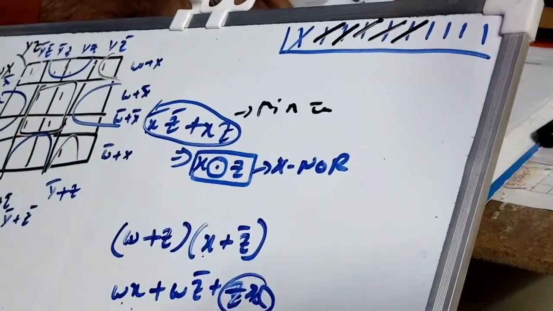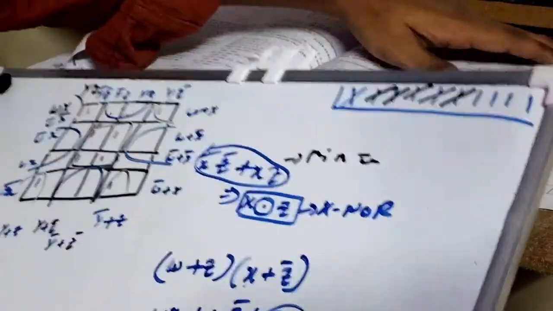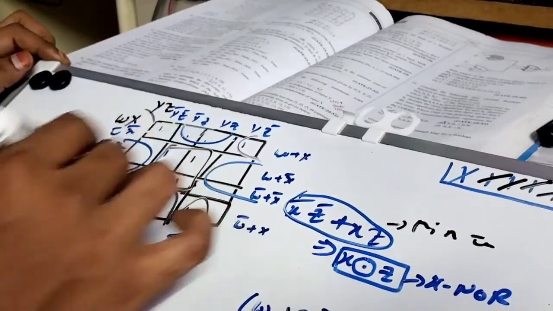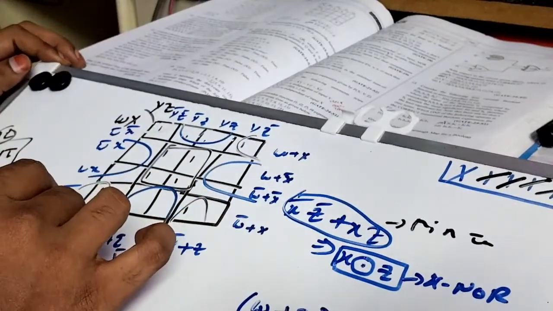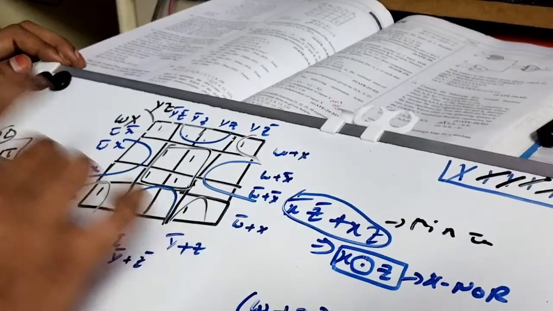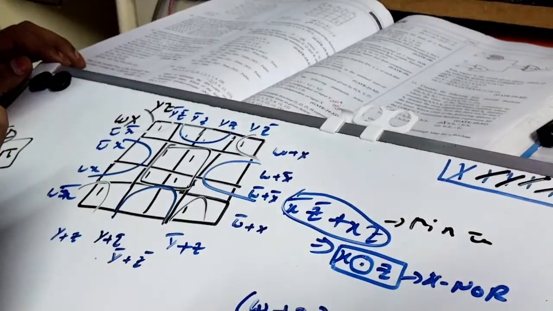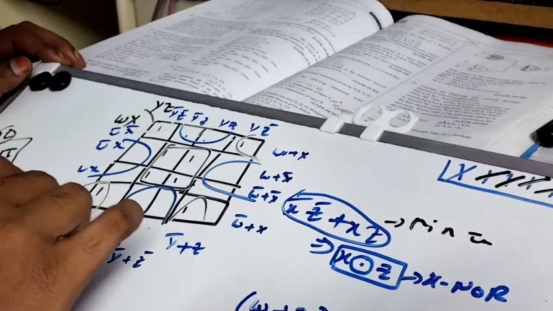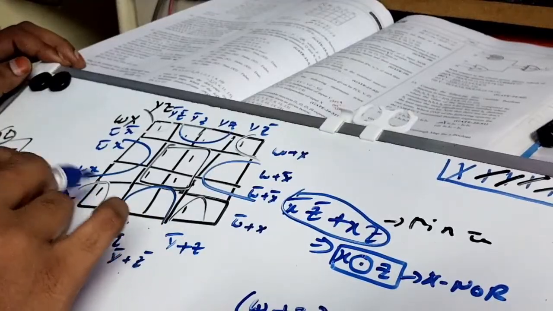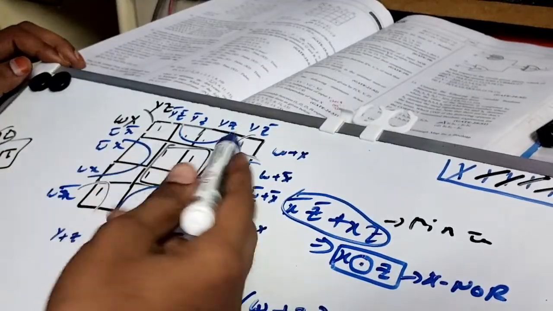First was correct. Second one, then simultaneous zeros. We have done this, complemented, and we have taken common. Used for this common.